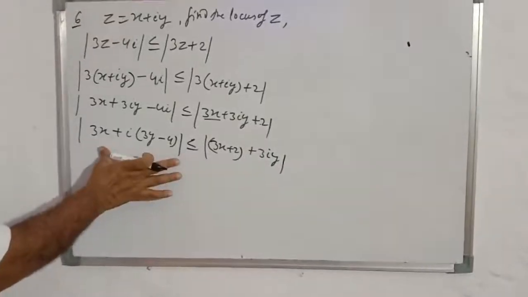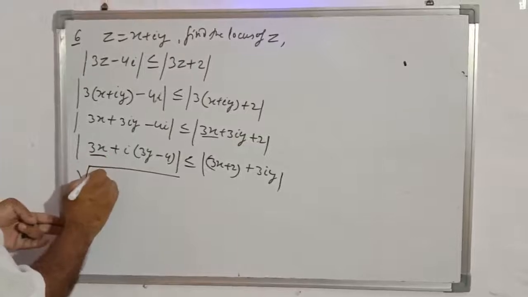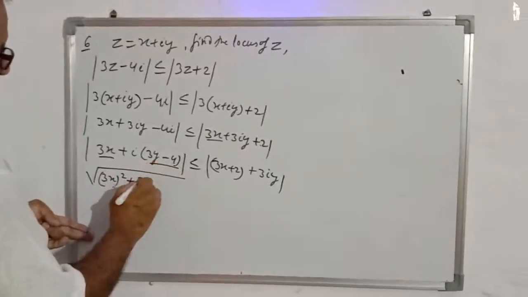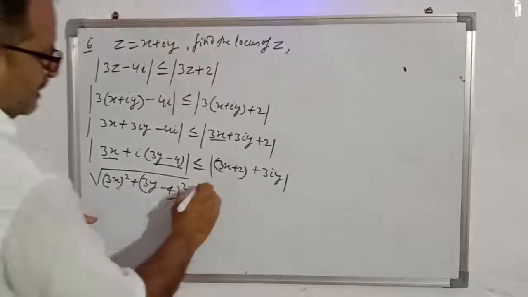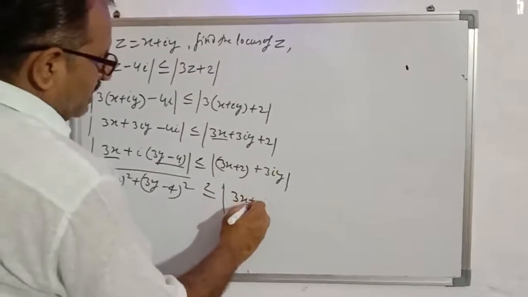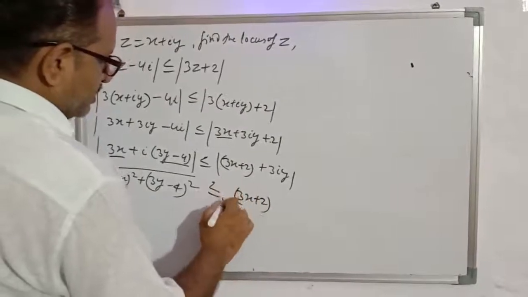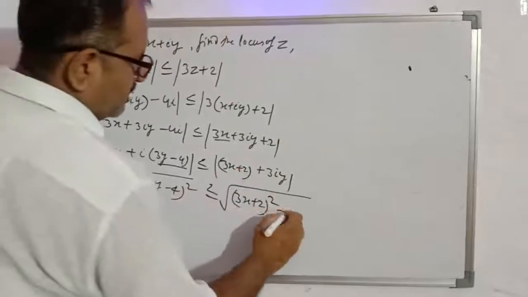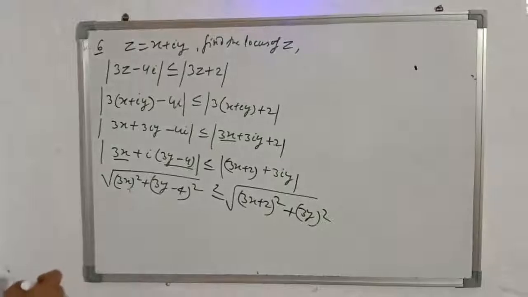We have to take the modulus. So what will be the modulus? Under root, square of the real part, 3x squared, plus square of the imaginary part, (3y − 4)², less than or equal to under root (3x + 2)², real part squared, plus imaginary part (3y)².